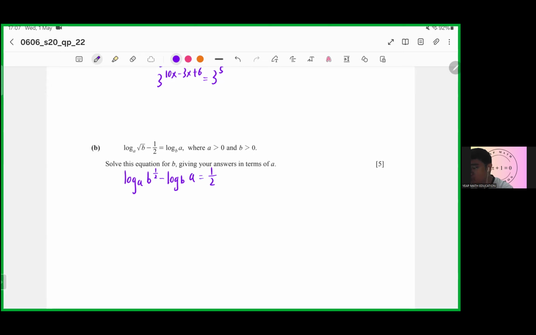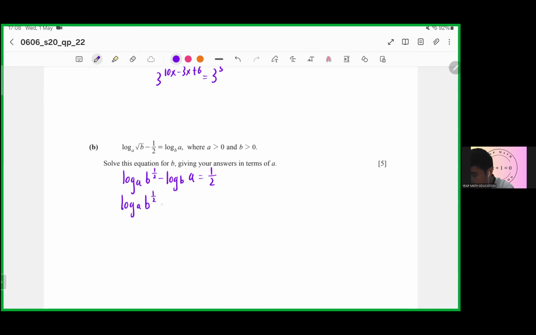Now we need to change the base. You can change either one, you can take b as base, or you can also take a as the base, either is fine. So log base a of b, 1 over 2 minus, I change this part, log a over log b. So I take a.